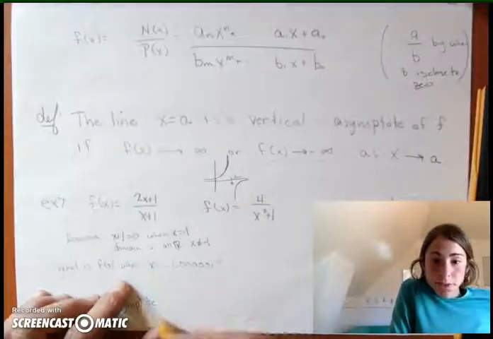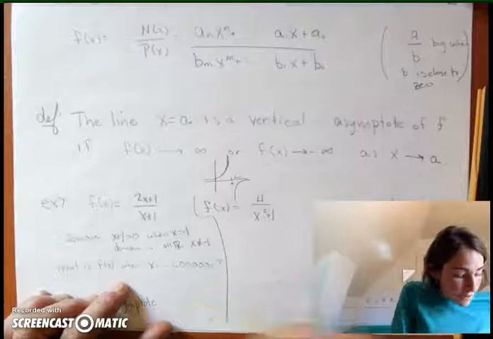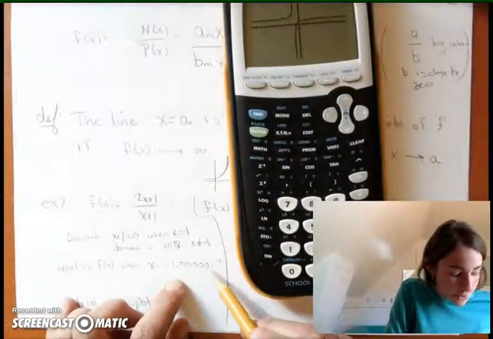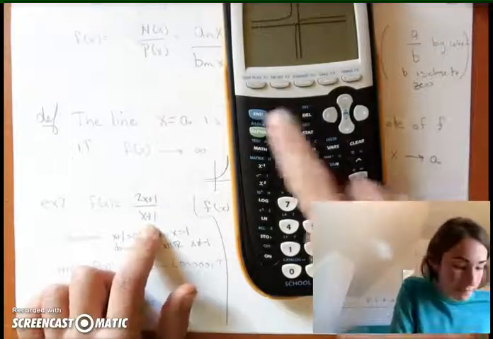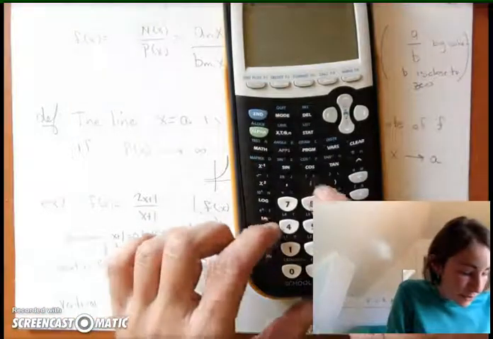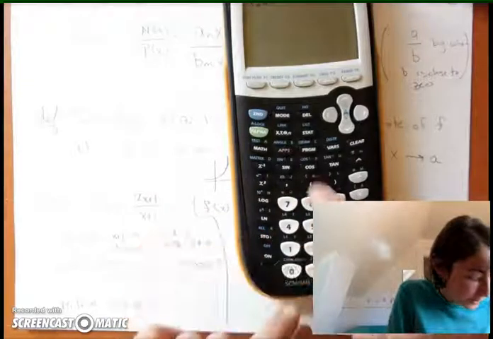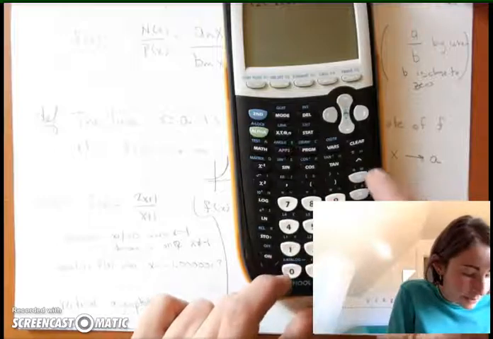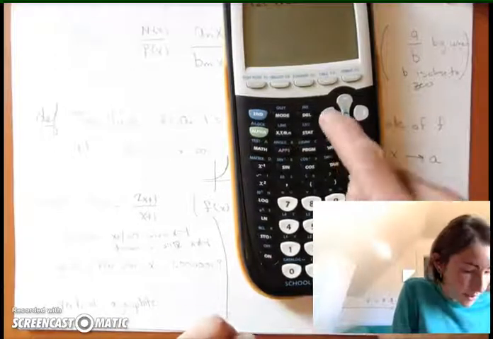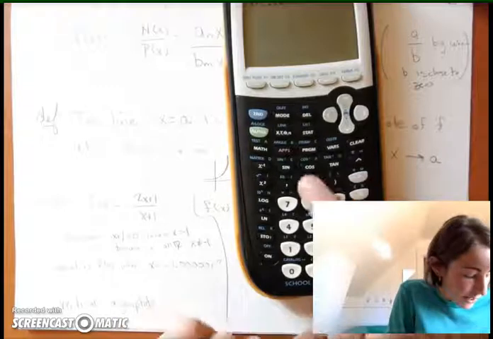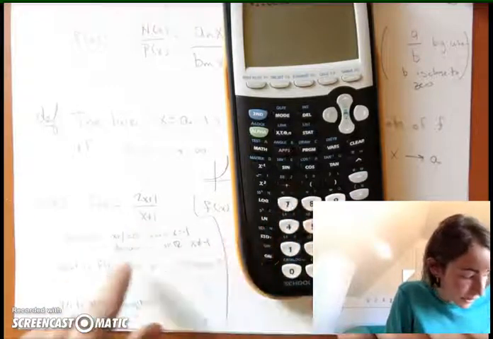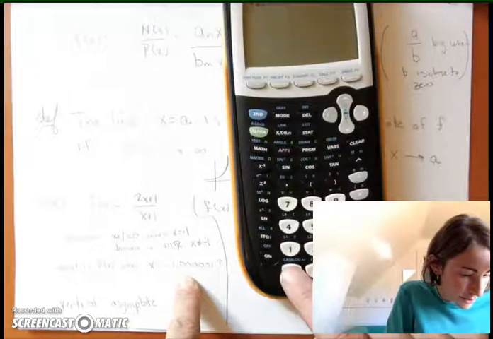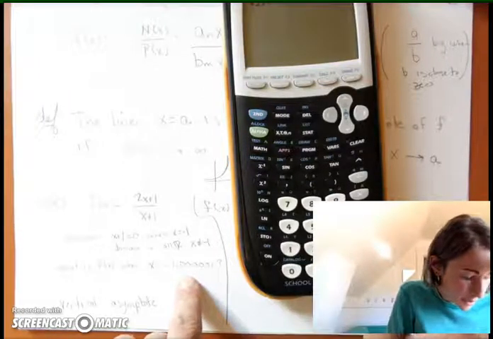So just to really hit this home, what is f of x when x is negative 1.000001, when it's very, very close to negative 1? So let's try. If we do 2 times negative 1.000001 in the numerator, and then that's plus 1, divided by plugging in this number for x, negative 1.000001 plus 1.